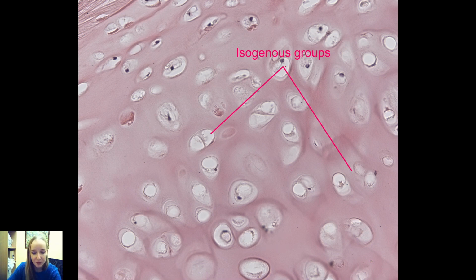Yeah, once again, this is a picture from hyaline cartilage, and these are isogenous groups right here. So this, yeah, and this is probably together one isogenous group, and also here. So we see isogenous groups in many places here. Here we have, on the surface, these chondroblasts, yeah, and these are chondrocytes deeper in the cartilage.